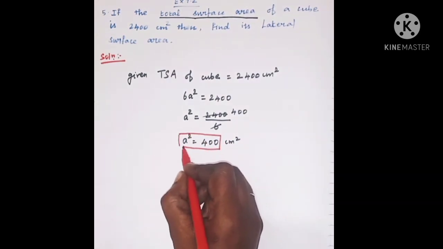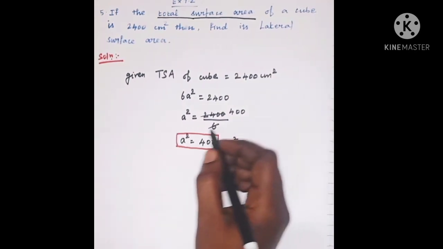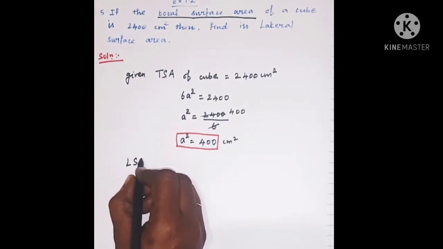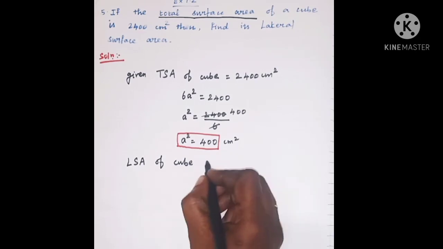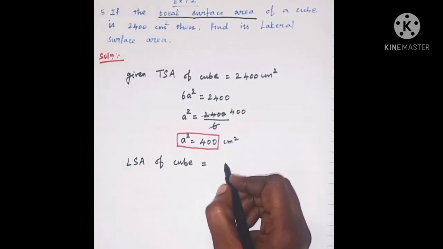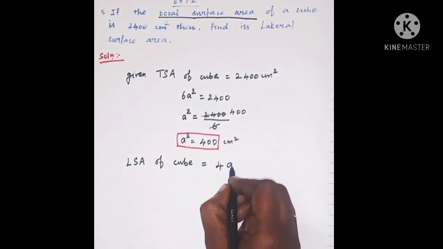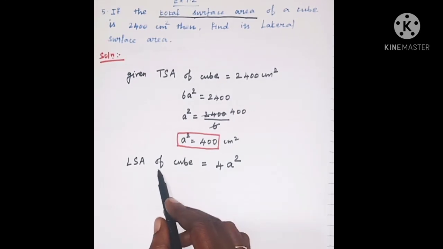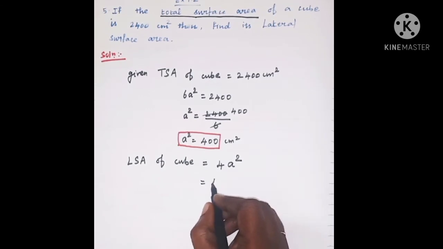Now we have to identify the LSA of the cube. What is the formula to find the lateral surface area of the cube? The formula is 4a square.